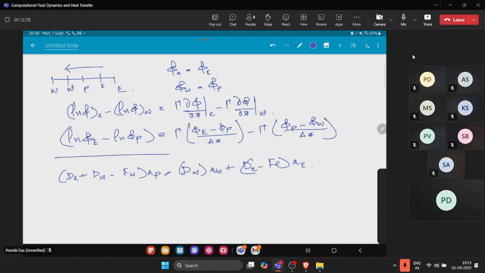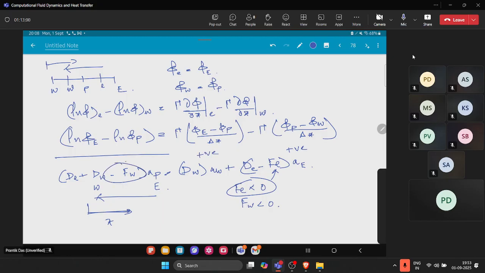Now you can think that the coefficients are turning out to be negative, but my positive axis extends from west to east, and therefore Fe is negative, and FW is also negative, since the flow is happening from east to west, and my X extends in this direction. So my positive X direction is from west to east. Since this one is negative, this becomes positive. This term is also positive.